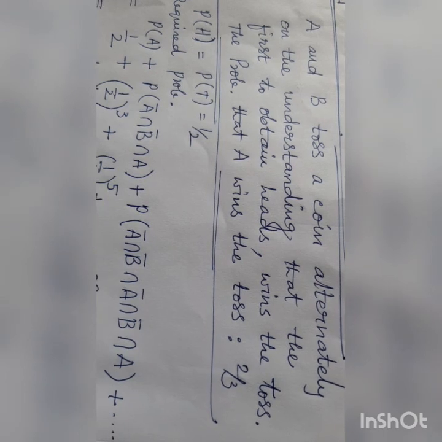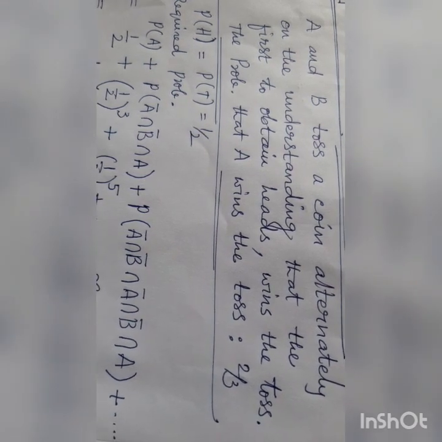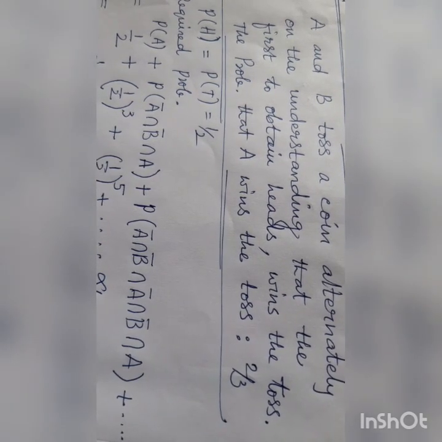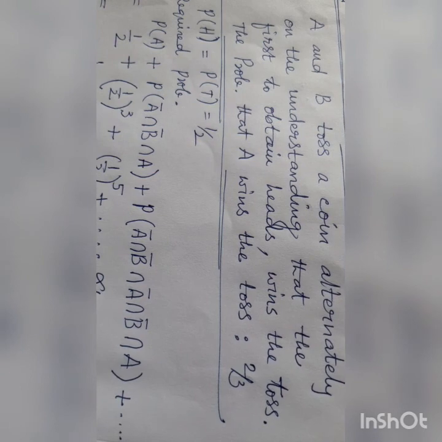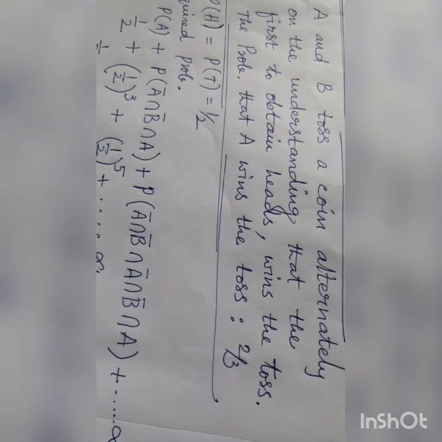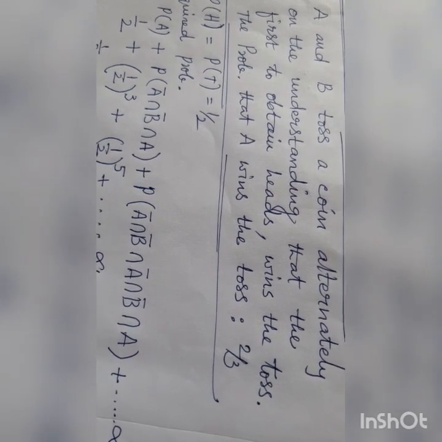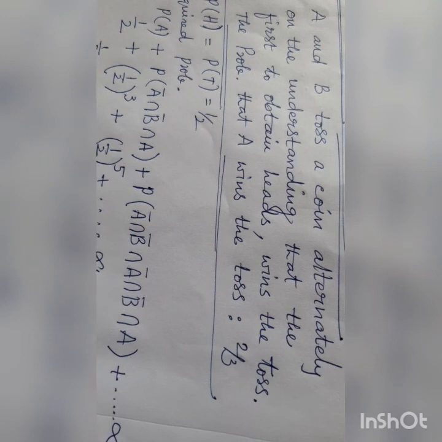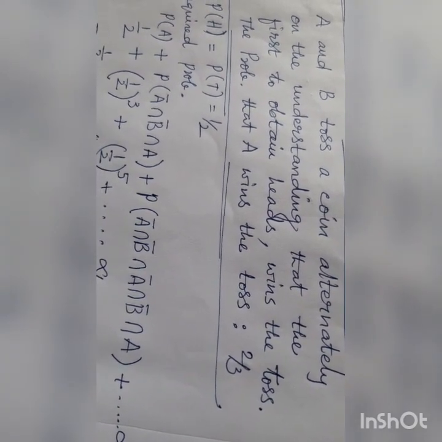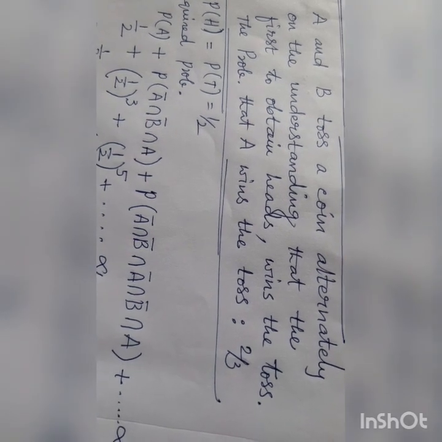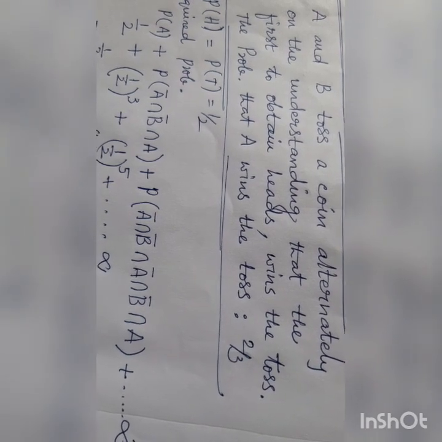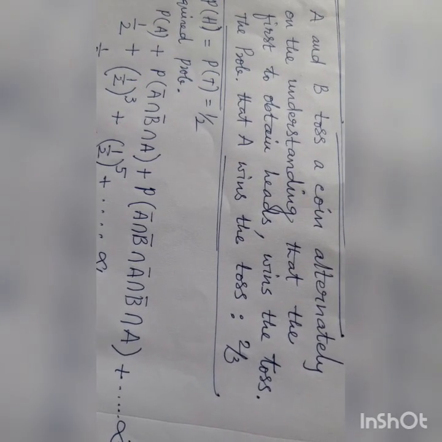Afterwards, immediately after it, B tosses a coin. He gets a head or tail, we don't know. So A and B toss a coin alternately. On the understanding that the first to obtain heads wins the toss, whoever obtains heads is deemed as winning the toss. The probability that A wins the toss.